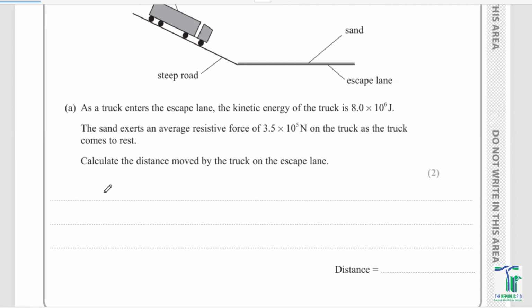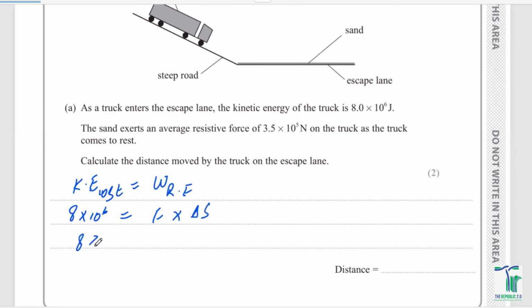So by the conservation of energy, we can say that the kinetic energy lost is equal to the work done against the resistive forces. The kinetic energy lost is going to be 8 times 10 raised to the power of 6, and the work done has to be F times the distance covered.